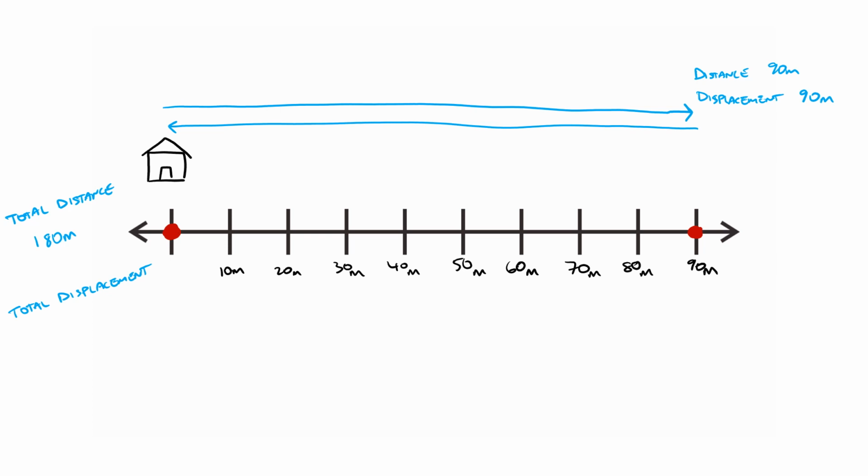So we take a picture where we start, we take a picture where we stop. I started at my house, I go there and back, and I stop at my house. So my total displacement is 0 meters.